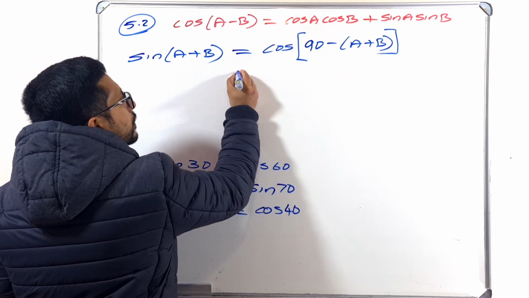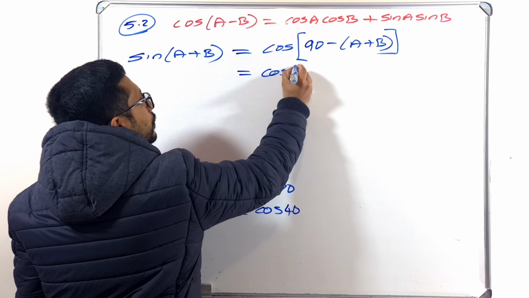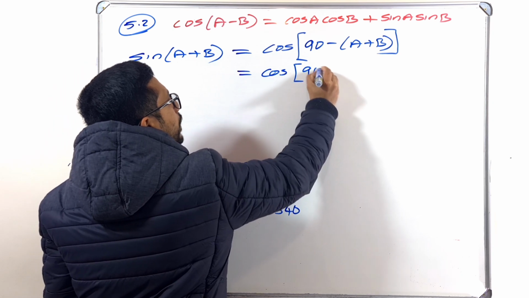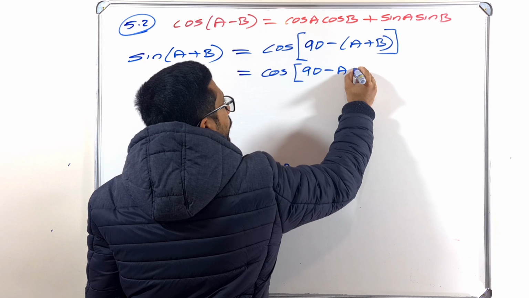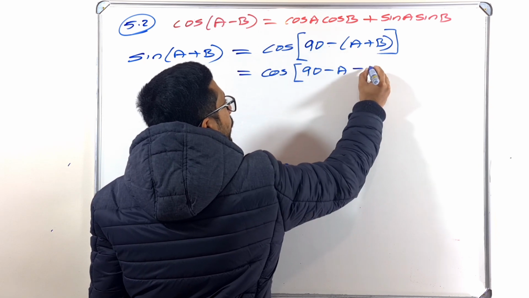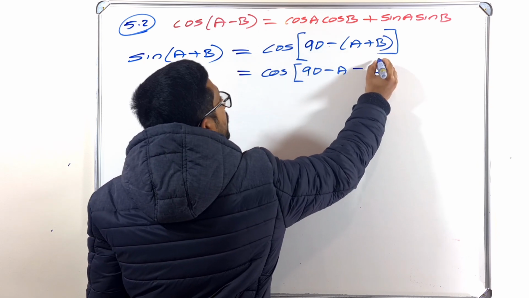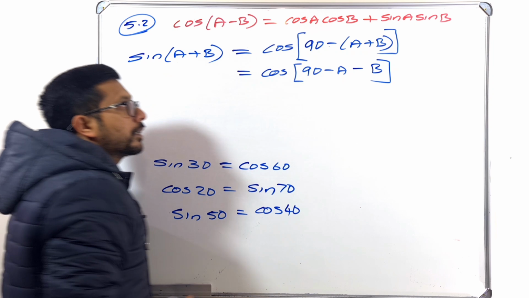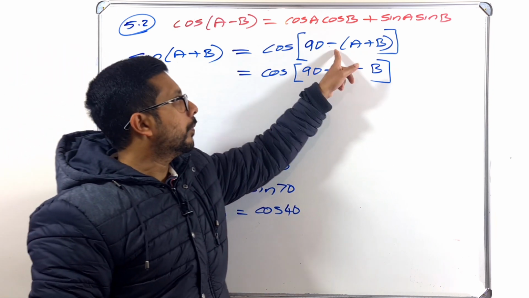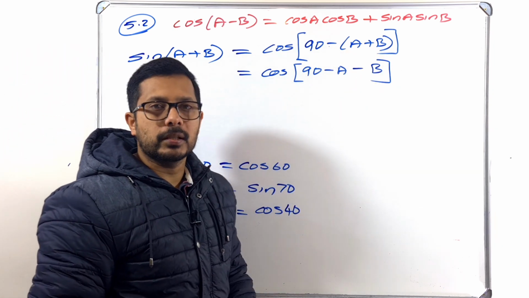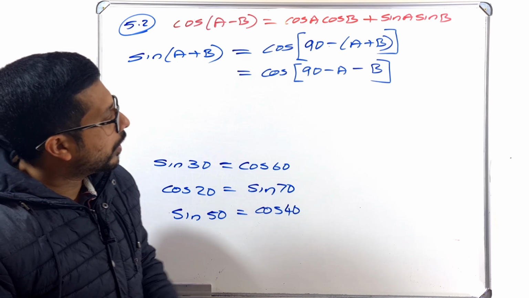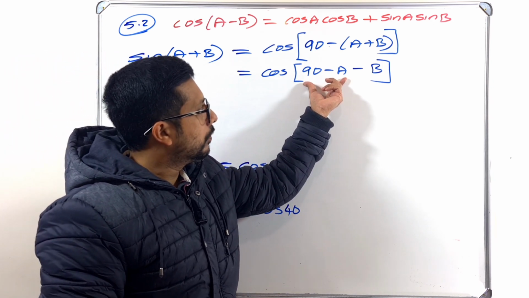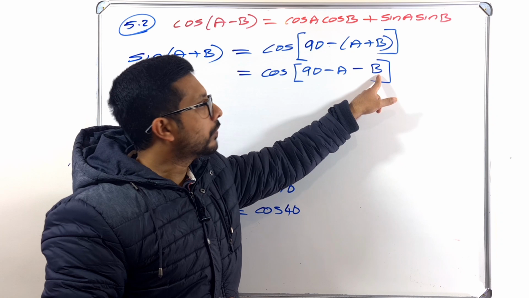So here it is cos of 90 minus a, minus into plus is minus b. I expanded that bracket. Minus into a is minus a, minus into plus b is minus b. Now what I'm going to do is combine these two as one unit and this one as separate.